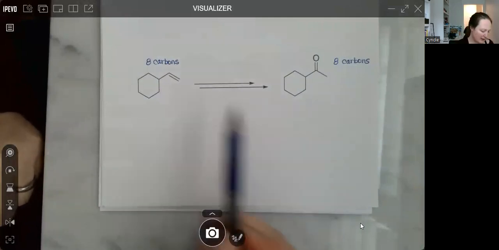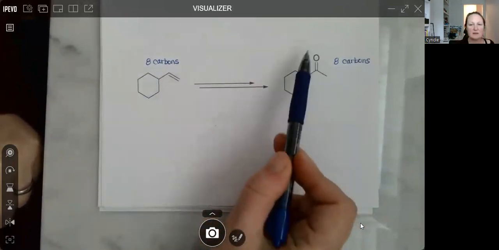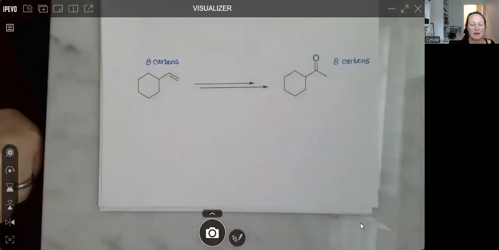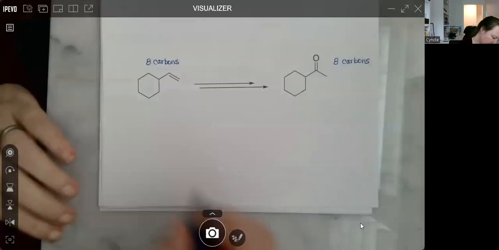So again, there's no way to convert this alkene directly to a ketone. However, I can form an epoxide and have LAH attack the epoxide to form a secondary alcohol, which can be oxidized.